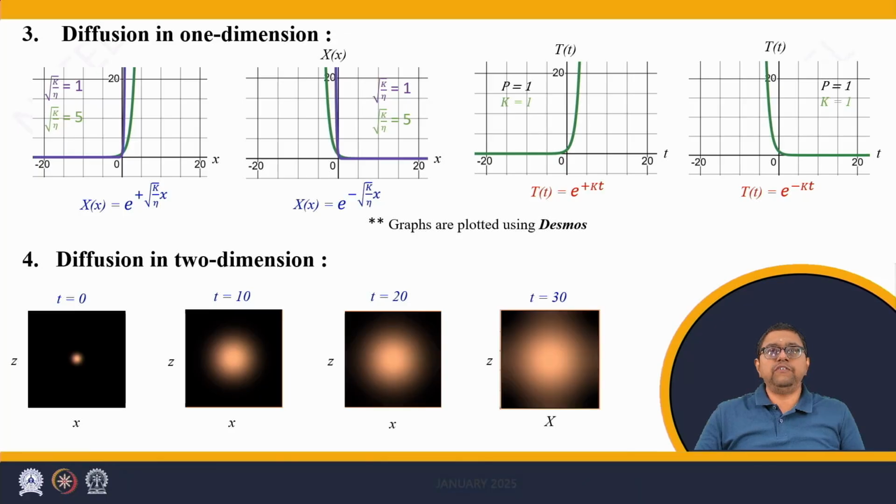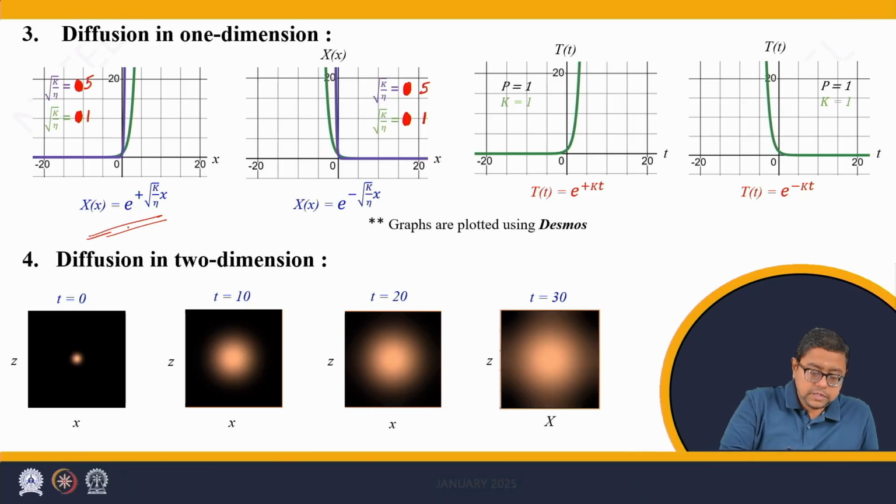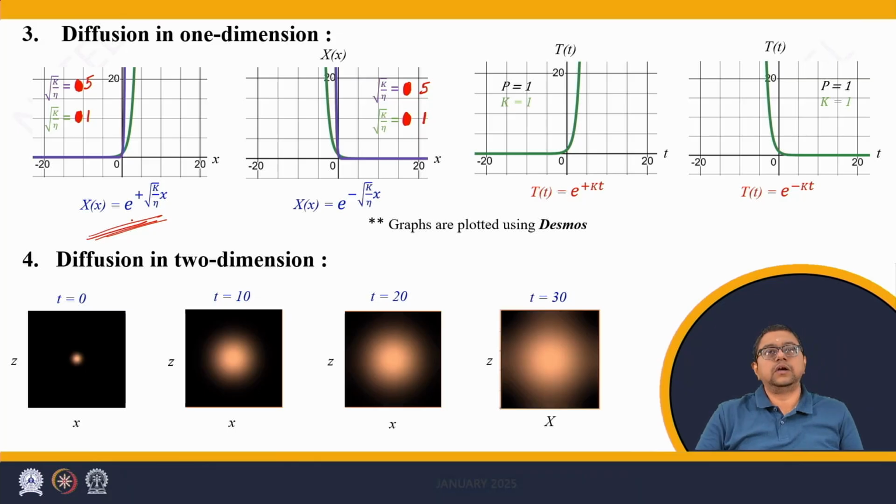Now, we will consider the solutions and the characteristics of these solutions as we have derived in previous slides. First, we look into the spatial modes. Next, we will consider the various characteristics of the solutions, that is diffusion in one dimension. The first solution is X equals e to the power plus root over of k by eta x.